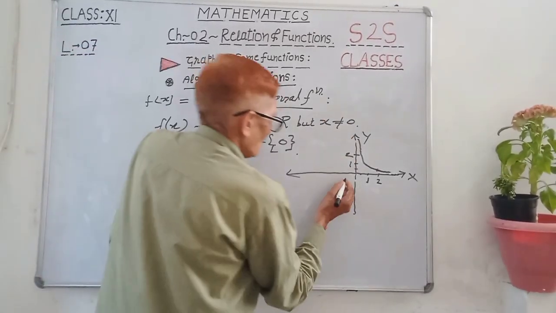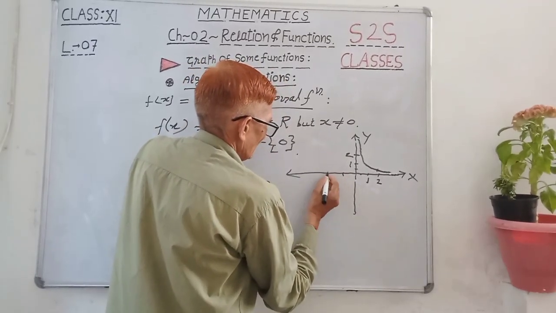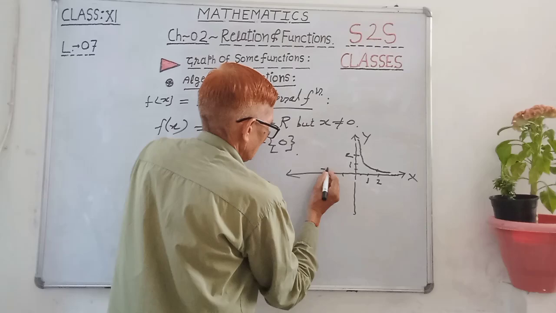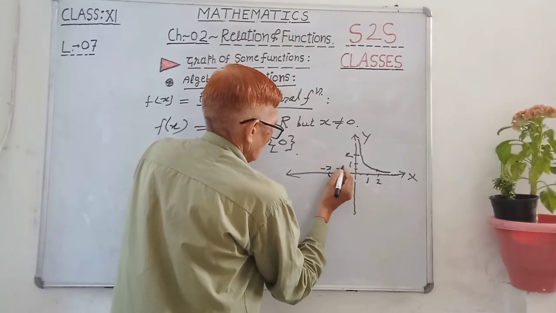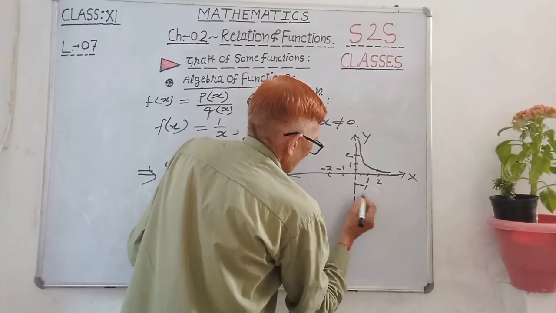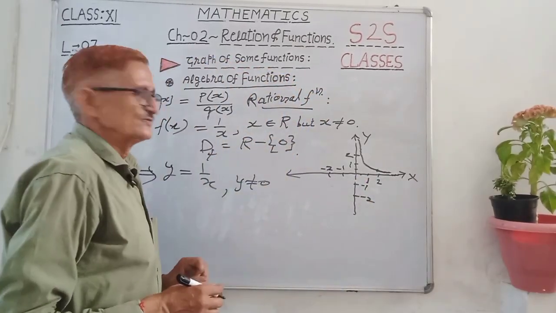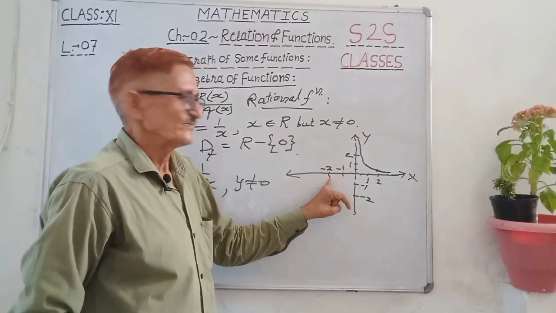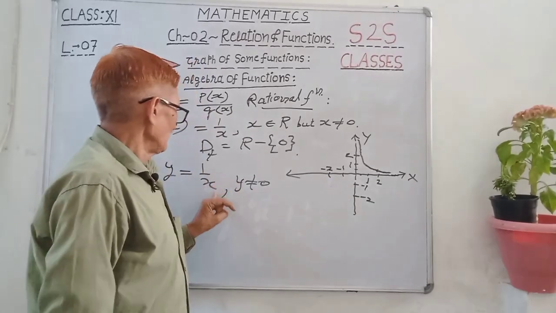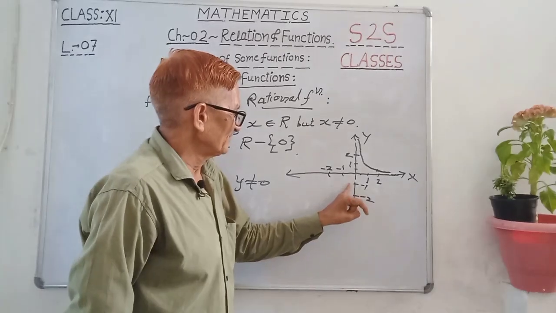So like this, or here if minus 1, minus 2, understand, minus 2, minus 1. Okay, you see, if x is minus 2, so 1 upon minus 2, y is minus 1 upon 2.